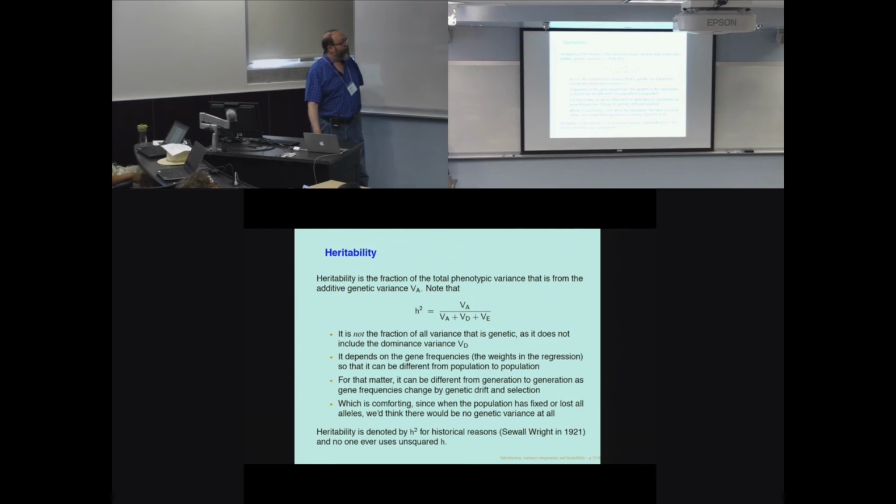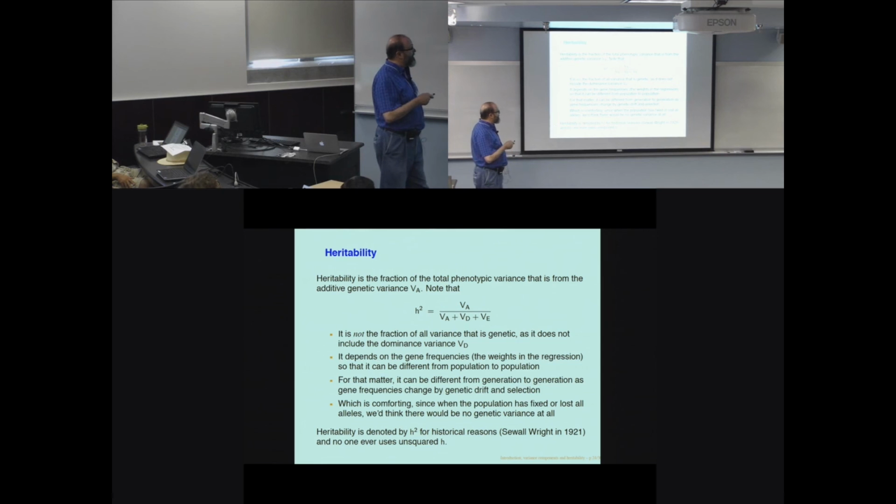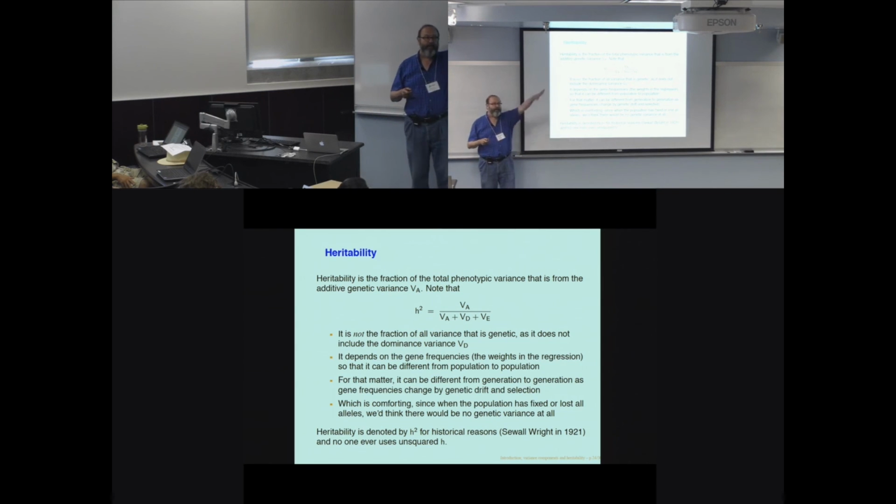Now there's a quantity you will have heard of called the heritability. That simply is the fraction of all the variance in the phenotype that comes from this additive term. It's important to remember that it's not the fraction of genetic variance, it's the fraction of additive genetic variance. It's part of the genetic variance. It does depend on the gene frequencies because remember, we established those alphas by a linear regression where we weighted by the gene frequencies.